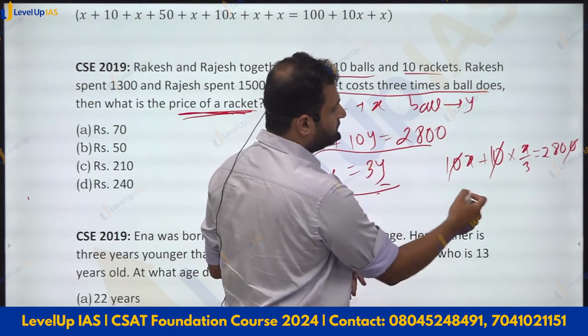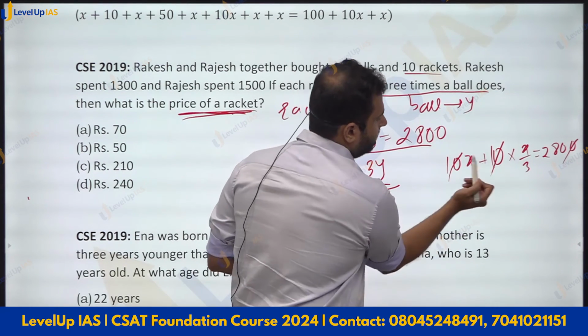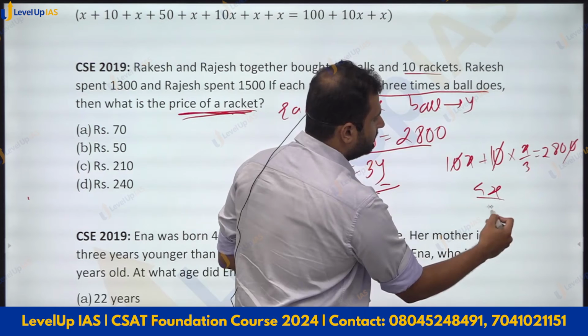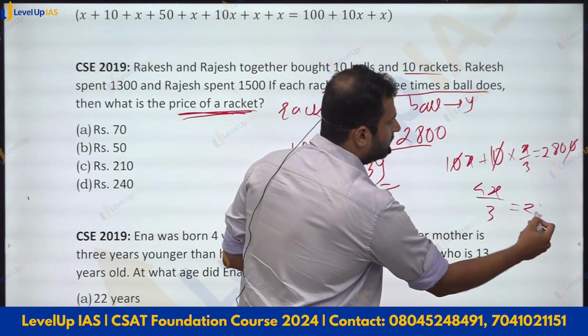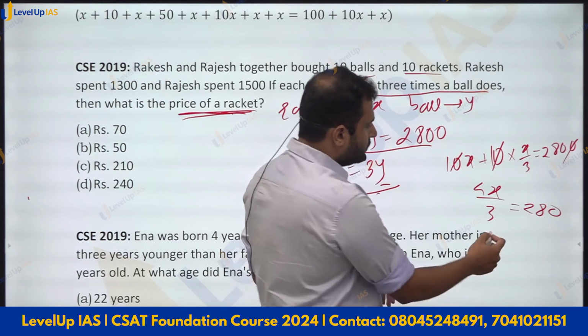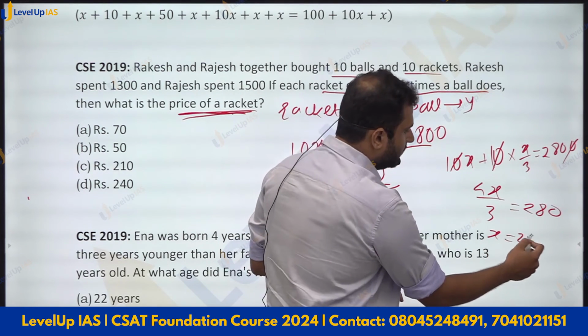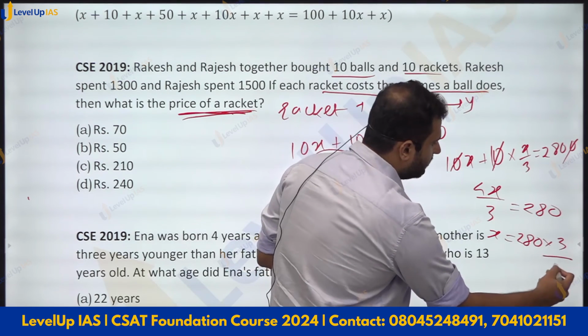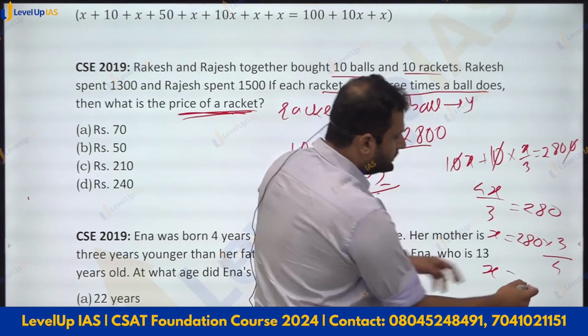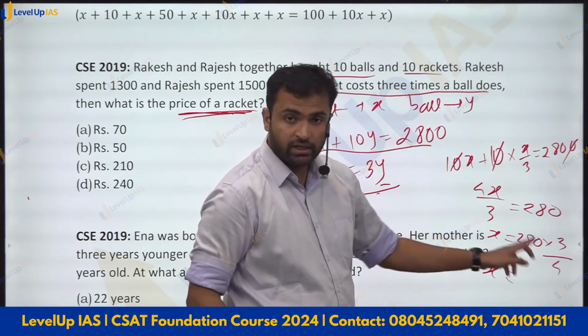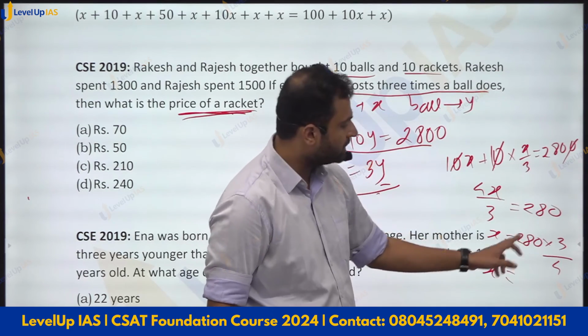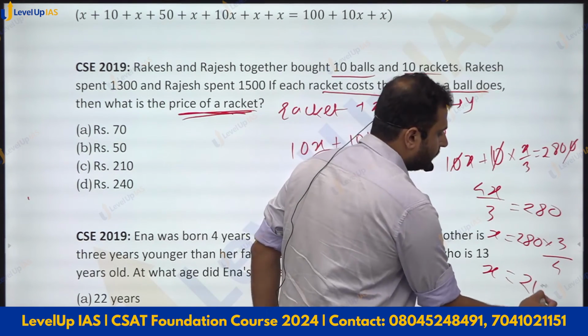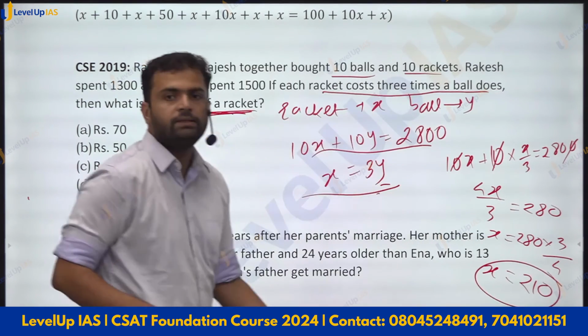So x plus x by 3, which is 4x by 3, is equal to 280, right? So x is equal to 280 into 3 divided by 4. 4 7s are 28, so 70 into 3, x is equal to 210.